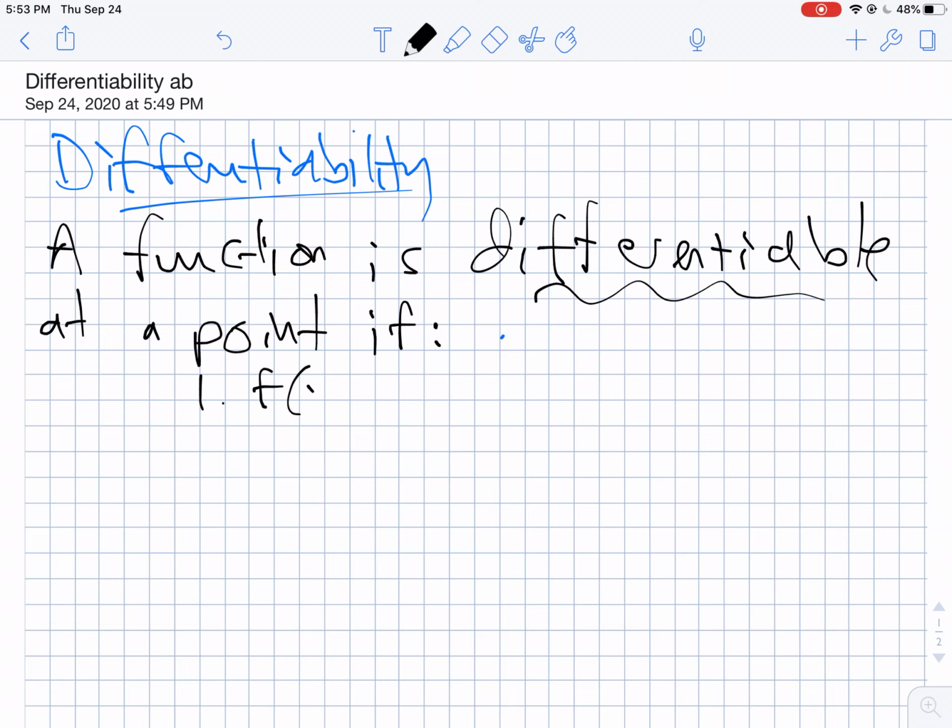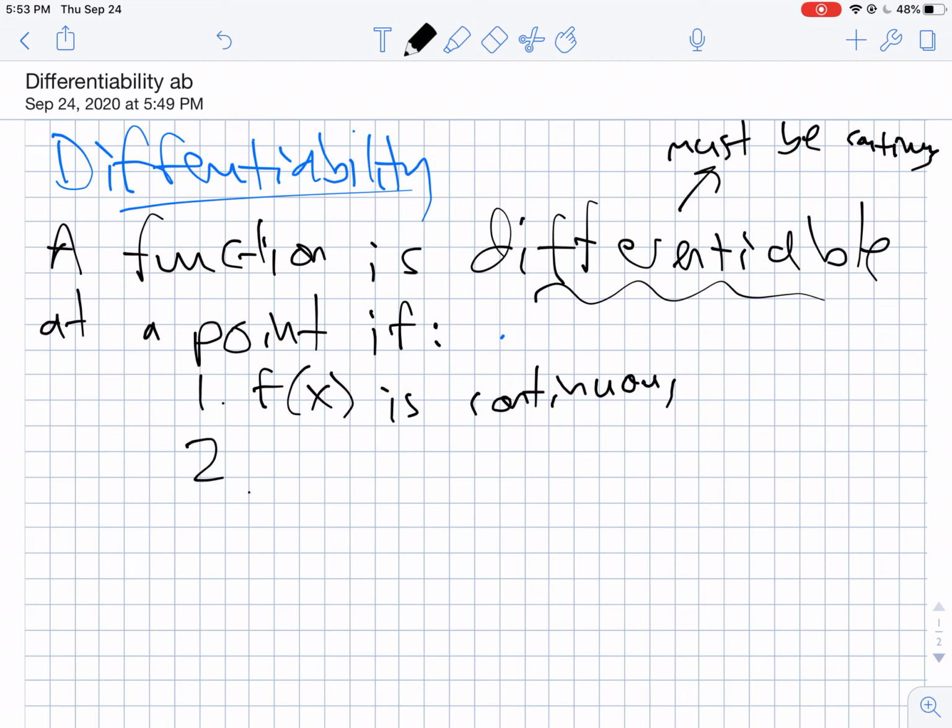One, f of x is continuous. So if something is differentiable, just right off the top, you know it also must be continuous. That's just kind of a given as part of that definition. And two, the derivative f prime of x exists at that point.